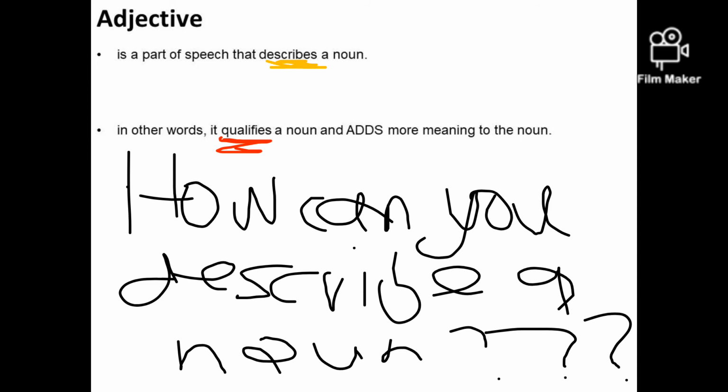That is an adjective. We have different types of adjectives. We can learn them all day. We have possessive adjectives, which indicate ownership. We have demonstrative adjectives, which point out a particular thing, person, or anything like that.